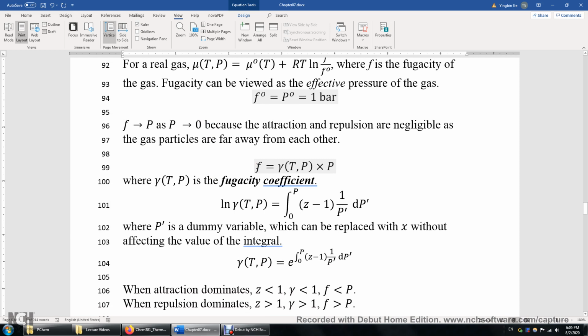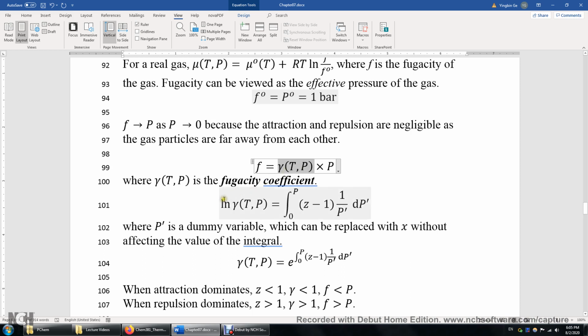Fugacity is related to pressure. Fugacity is equal to the fugacity coefficient times pressure. Over here, this fugacity coefficient gamma is equal to 1 for ideal gases, or even for real gases, as long as the pressure is low enough, this gamma approaches 1.